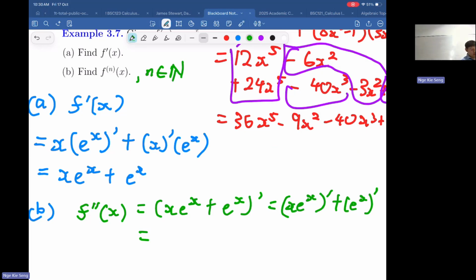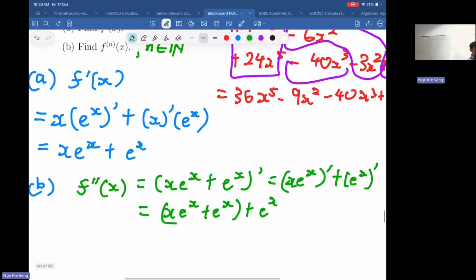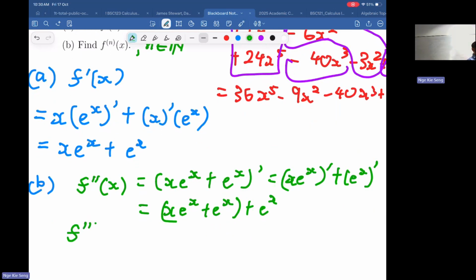So we get x e^x plus e^x, and the other part we still get e^x. Can you imagine what happens to the third derivative? Similarly, you get (x e^x)' plus (e^x)' plus (e^x)'.